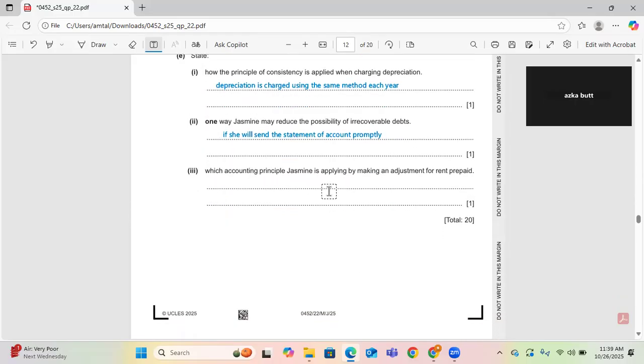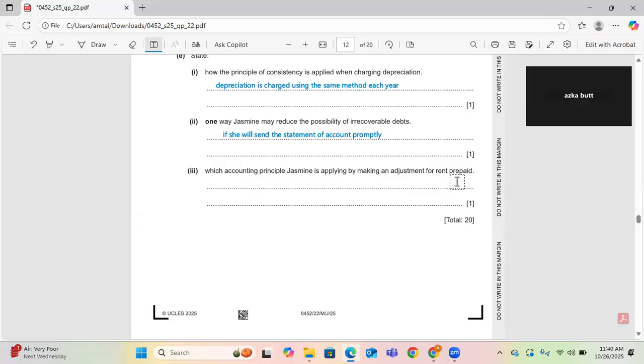Which accounting principle is Jasmine applying by making an adjustment for the rent prepaid? Rent prepaid means that you have paid the rent already, for the upcoming months, for the upcoming year. So we have to deduct that. Why? Because we have to match. Whatever amount we are writing in the expenses for the rent should match with the revenue.